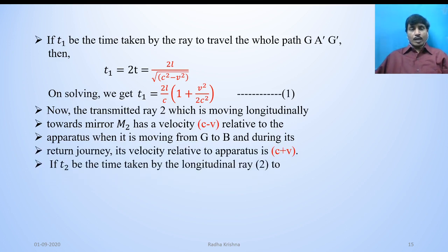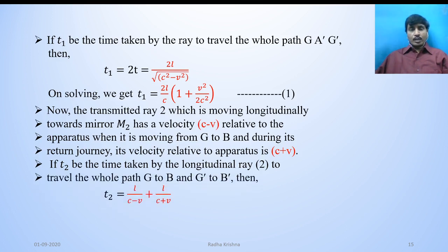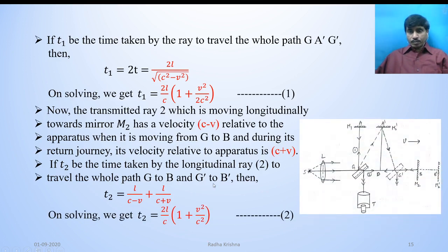If T2 be the time taken by the transmitted ray 2 to travel the whole path G to B and B' to G', then T2 is equal to L by c minus v plus L by c plus v. In the diagram, the transmitted ray 2 is traveling from G to B initially. After reflection, it is traveling from B' to G'.